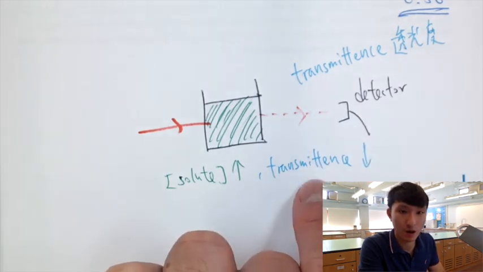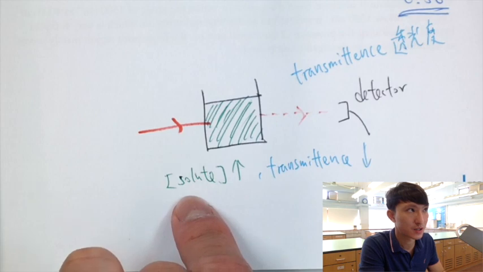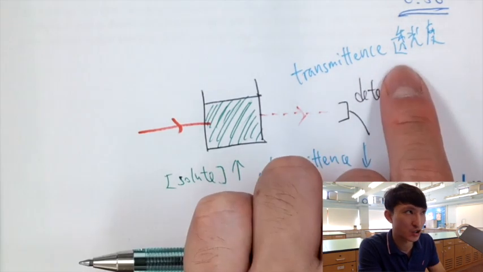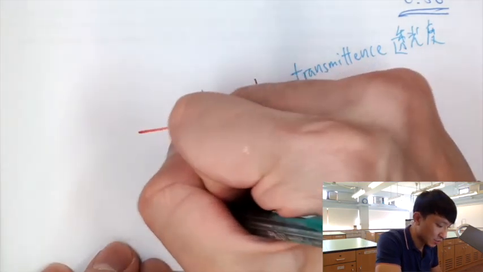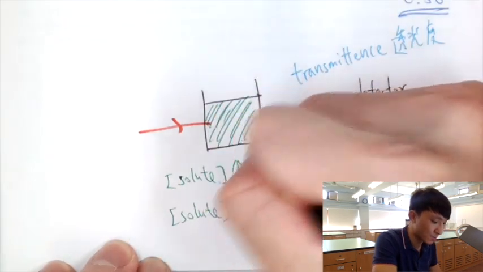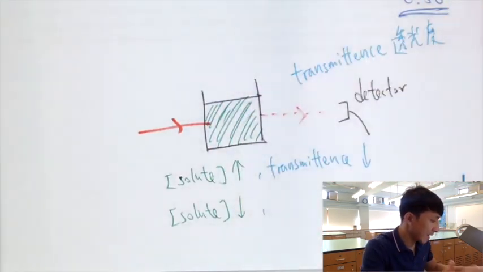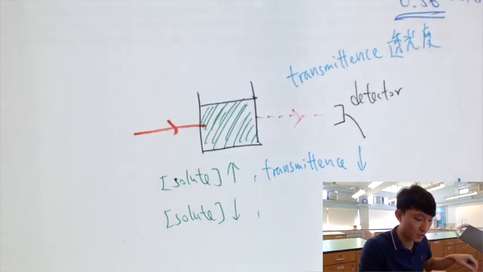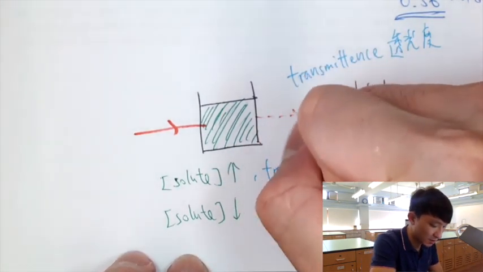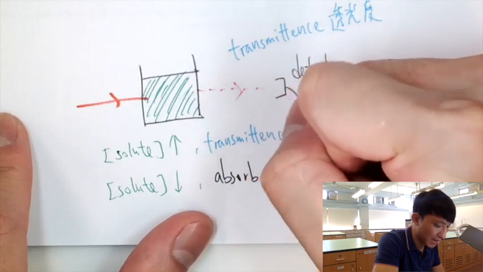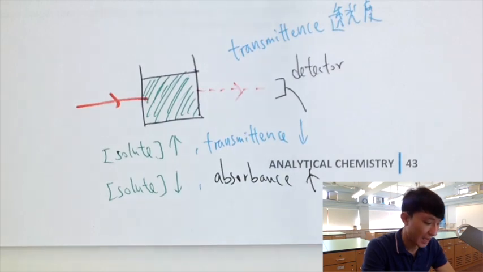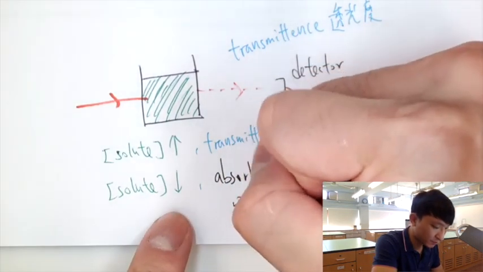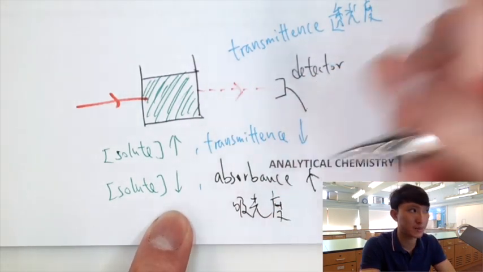So the transmittance is lower at a higher solute concentration. But if the solute's concentration is very low, then the transmittance is high. As for absorbance, this is what we have been talking about: how much light is being absorbed.